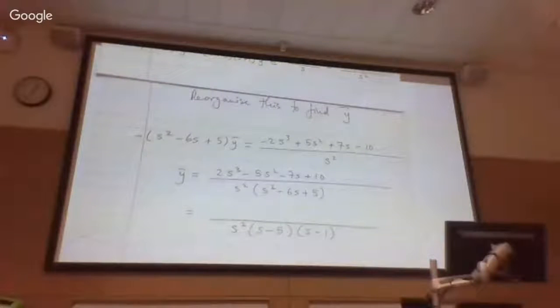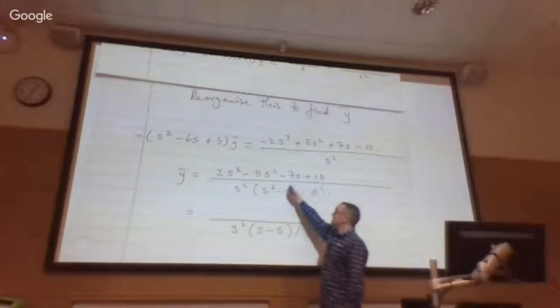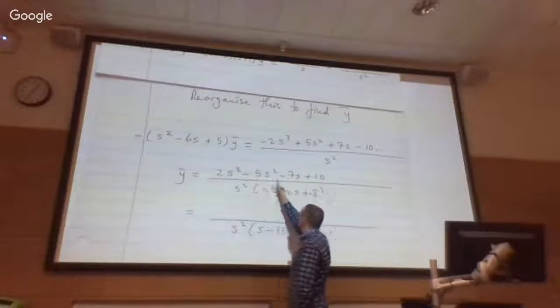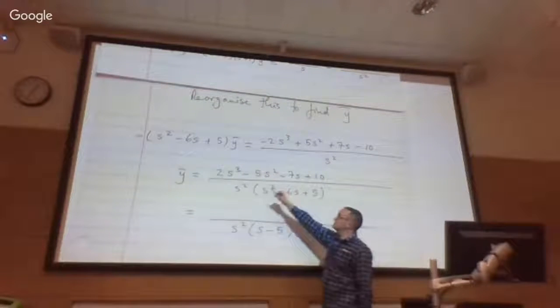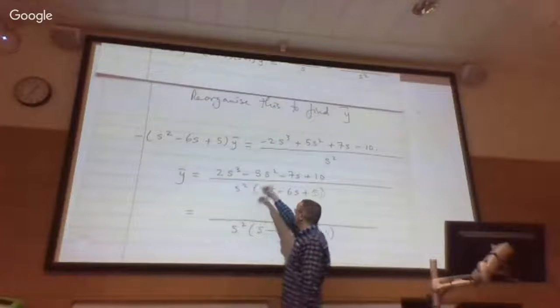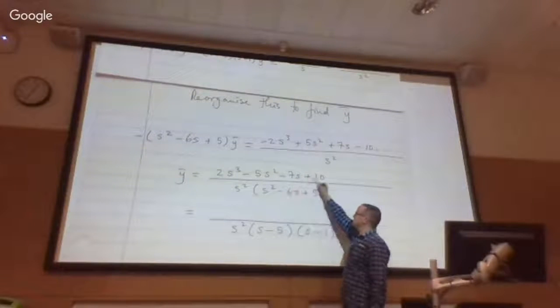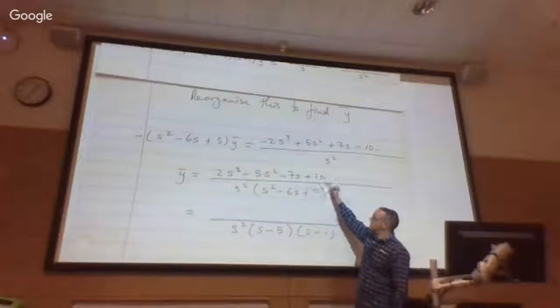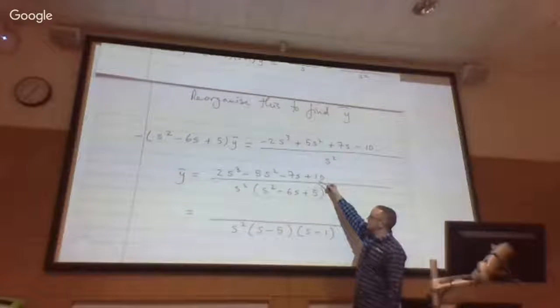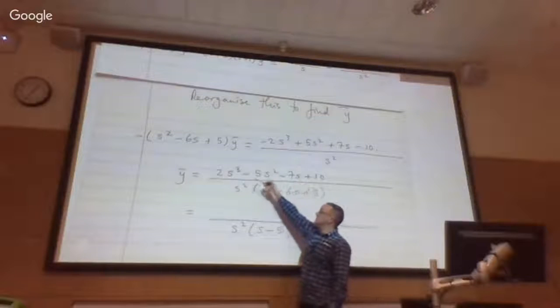But before we proceed, you notice something nice about these coefficients. The 2, minus 5, minus 7, plus 10 sum to 0. Don't they? 2 minus 5 is minus 3, minus 7 is minus 10, plus 10 is 0. So if the coefficients of the polynomial sum to 0 like that, then when you evaluate the polynomial at s equals 1, you'll get a 0.